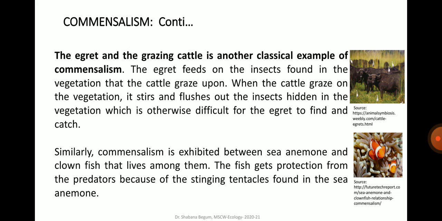Similarly, commensalism is exhibited between sea anemone and clownfish that lives near the mouth. The fish gets protection from the predators because of the stinging tentacles found in the sea anemone.